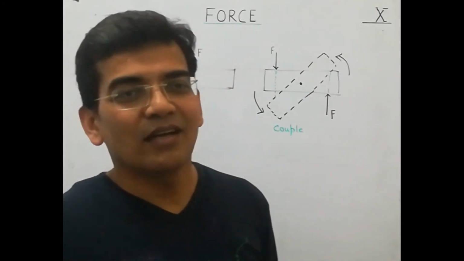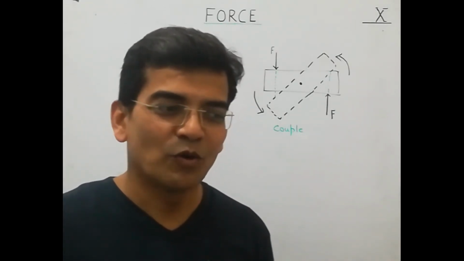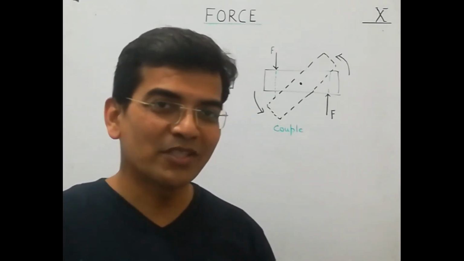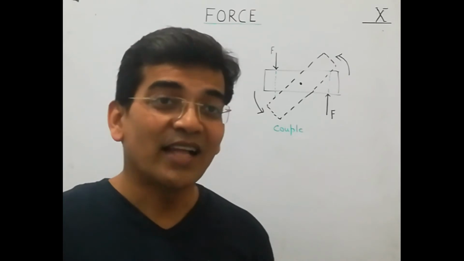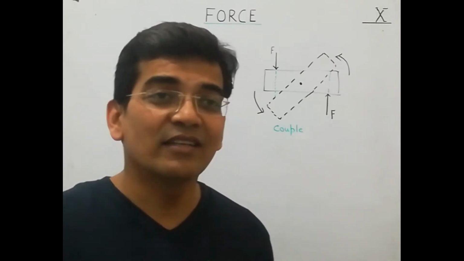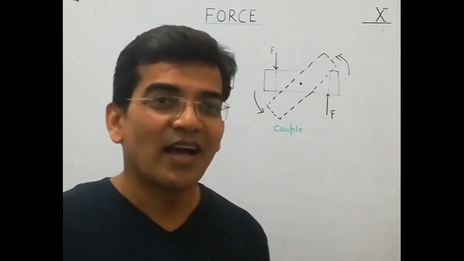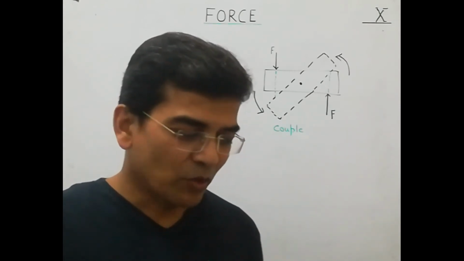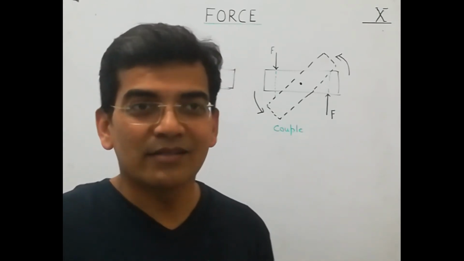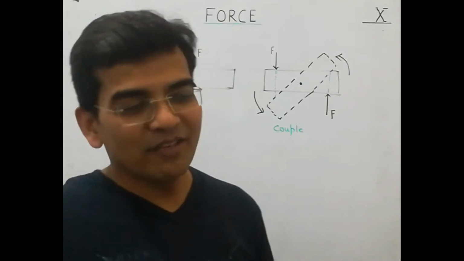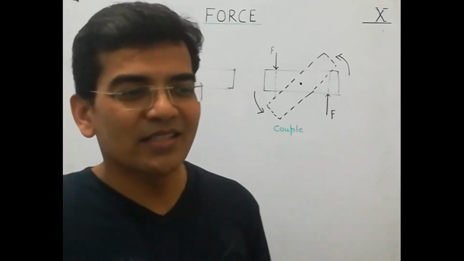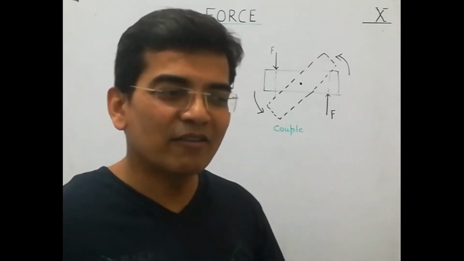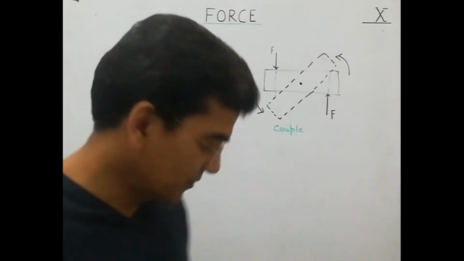So we can say a couple is acting over there in opening a door. One force that you apply at the handle, and the second force is the internal force which is produced at the point where the door rotates. So again we get two forces opposite in direction, and they together form a couple, and we say that the door rotates.